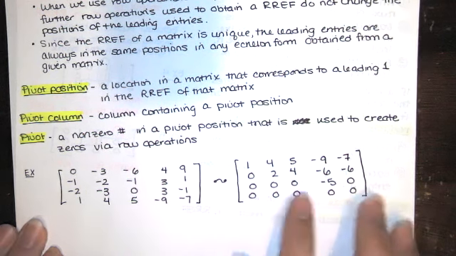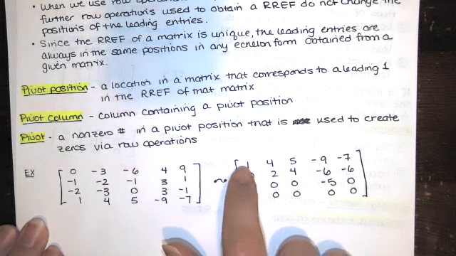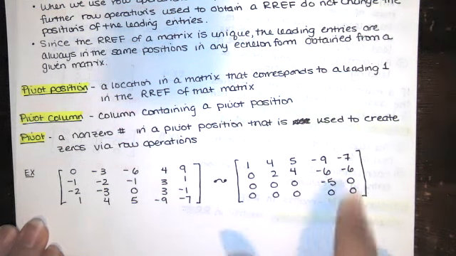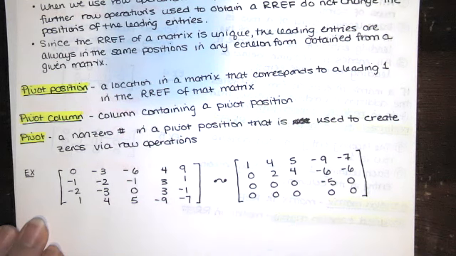But regardless, since the reduced row echelon form of a matrix is unique, even if these 3 numbers are different in different echelon forms, their positions are going to be the same in all of the echelon forms.